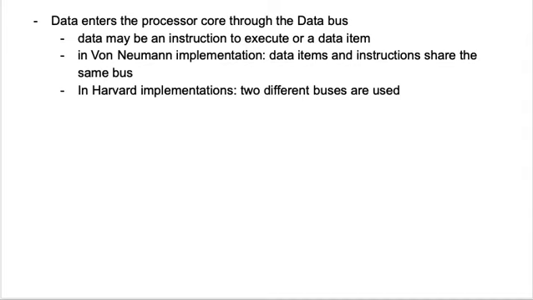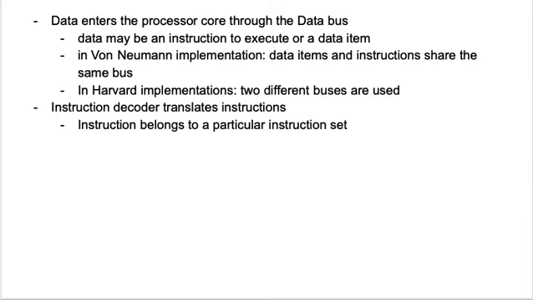One detail here is that the architecture can be von Neumann, in which case the data and the instructions share the same bus, whereas in Harvard implementations, there are different buses for data and instructions. The instruction decoder translates the instruction and identifies it as belonging to a particular instruction set.